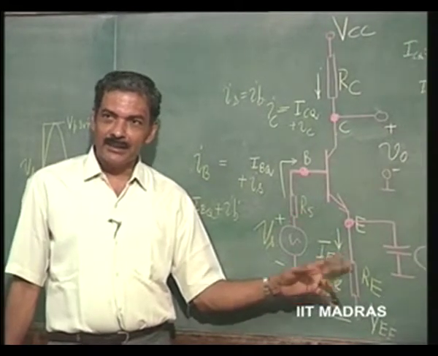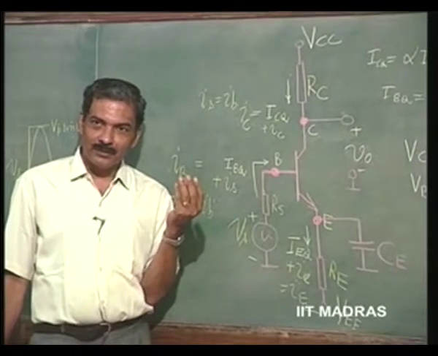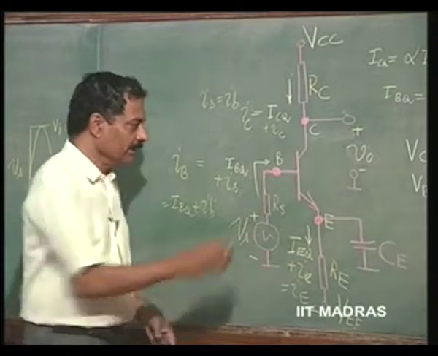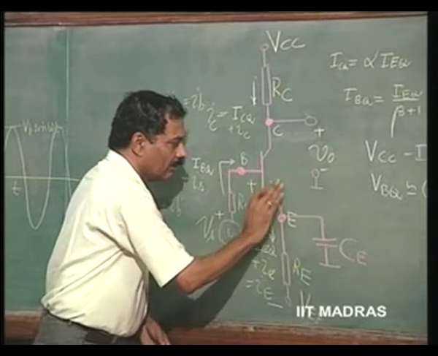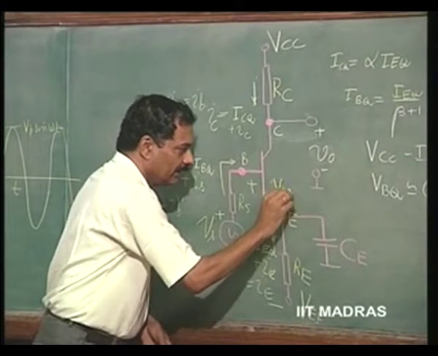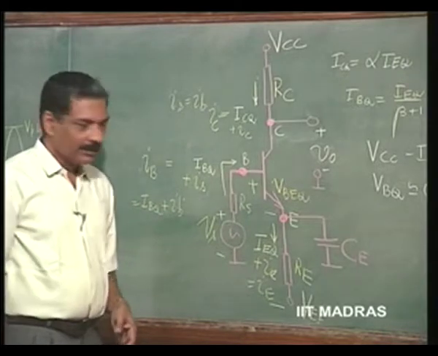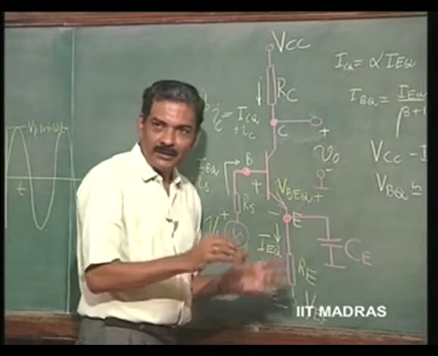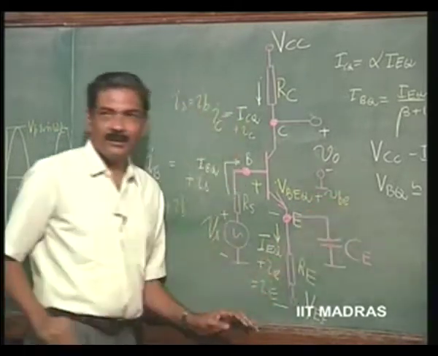We can say that as long as this delta VBE is small over and above the VBEQ, this is going to be at the DC VBEQ, which is 0.6, let us say, and this is going to change to VBEQ plus delta VBE, or VBE.